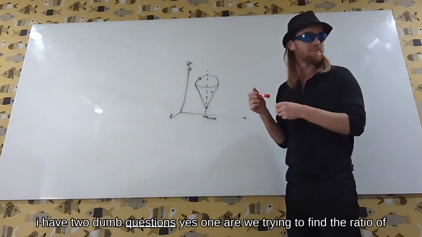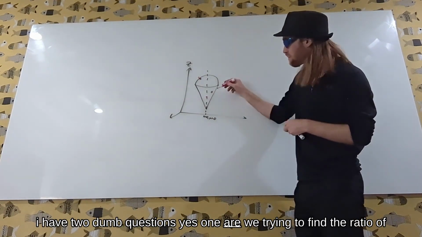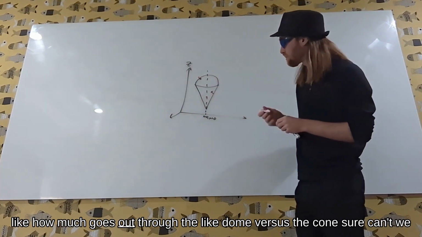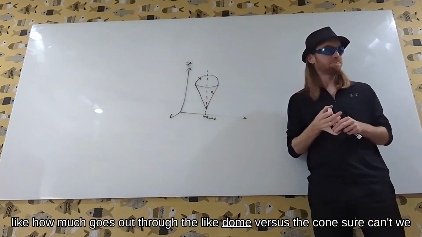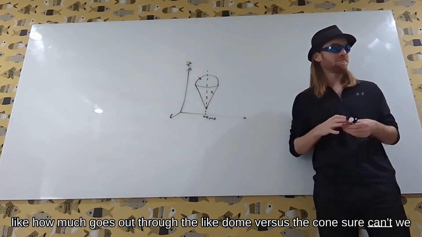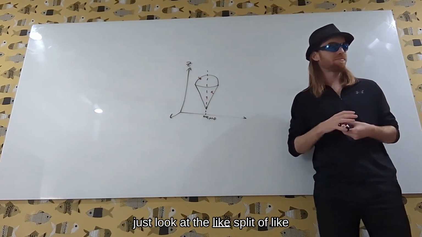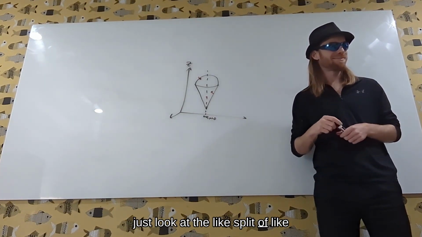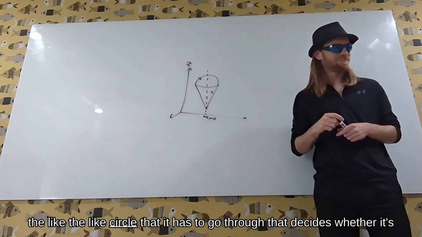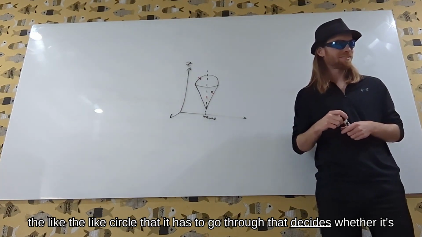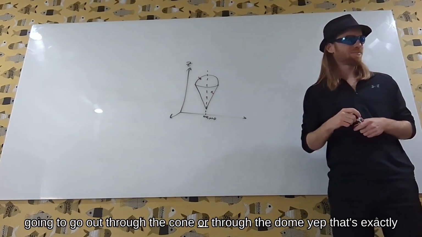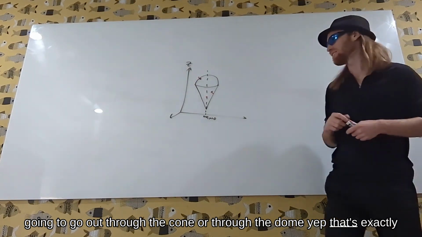I have two dumb questions. Yes. One, are we trying to find the ratio of how much goes out through the dome versus the cone? Sure. Can't we just look at the split of the circle that it has to go through that decides whether it's going to go out through the cone or through the dome? Yep, that's exactly right.